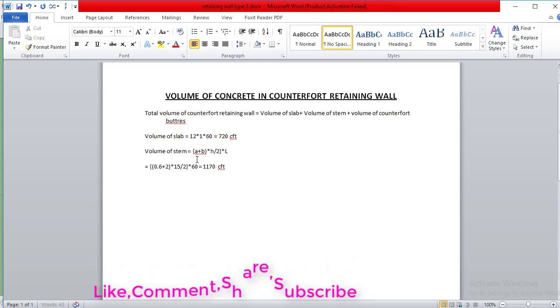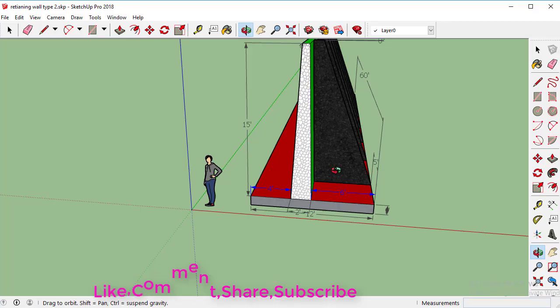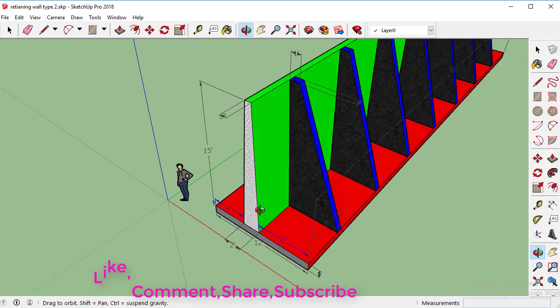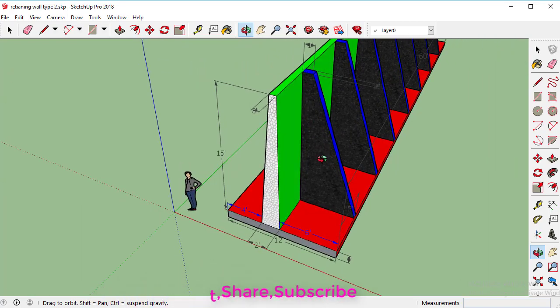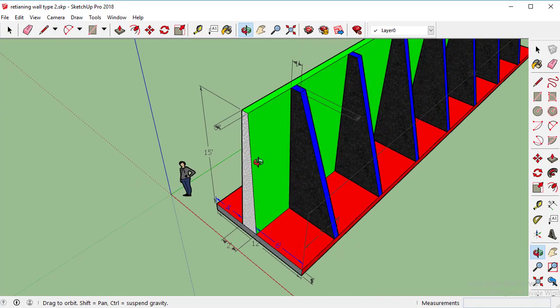Now after that I will find out the volume of this counterfort buttress. If you look closely, the shape of this counterfort buttress is the same as the shape of this stem. It is also trapezoidal in shape, and here a is 1 foot, b is 6 feet, and h is the same 15 feet. So we'll put all these values in the trapezoid surface area formula and multiply it with length.